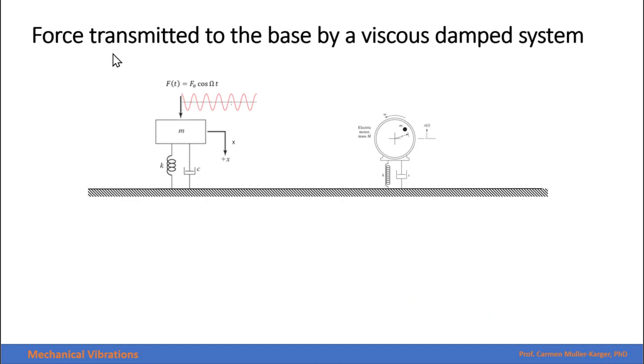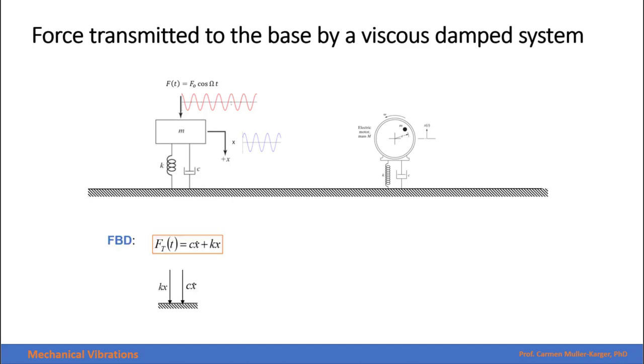Now let's study the force transmitted to the base by a viscous damped system. If we have, for example, this platform where we have two machines, this machine is being excited by a force F sub 0 cosine of omega t. This force produces a response of this machine.